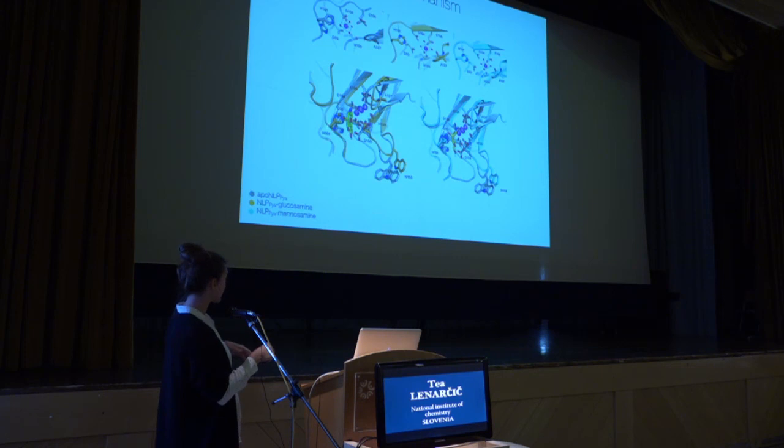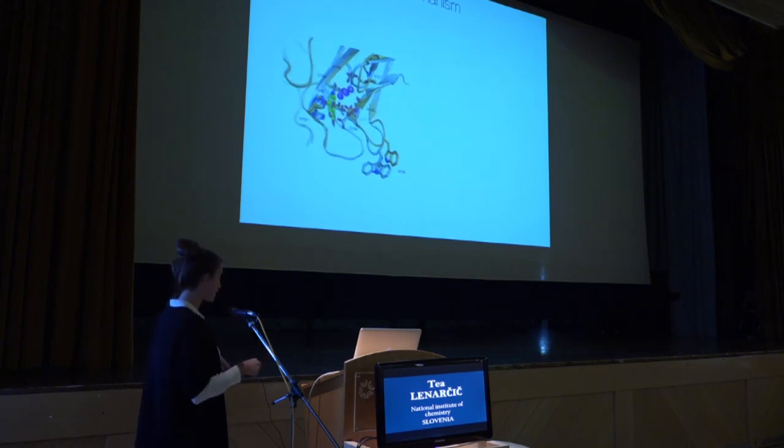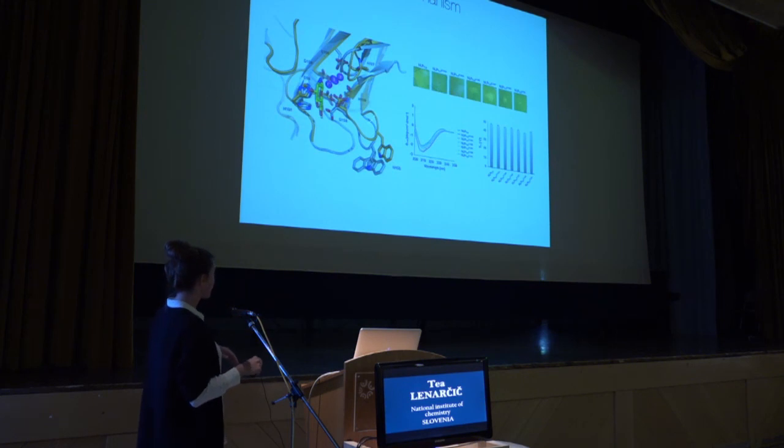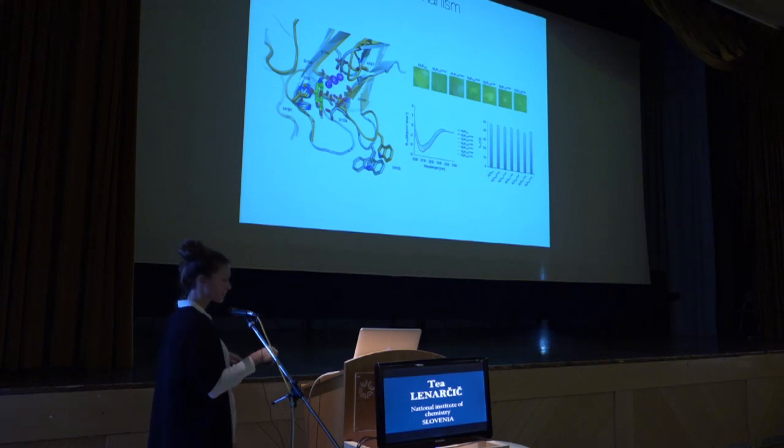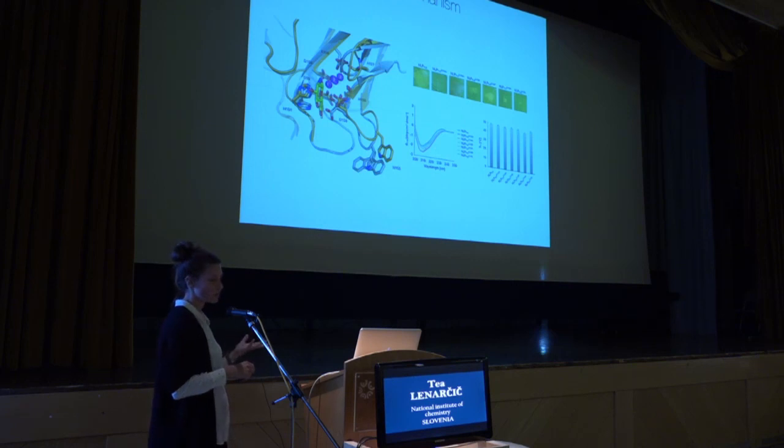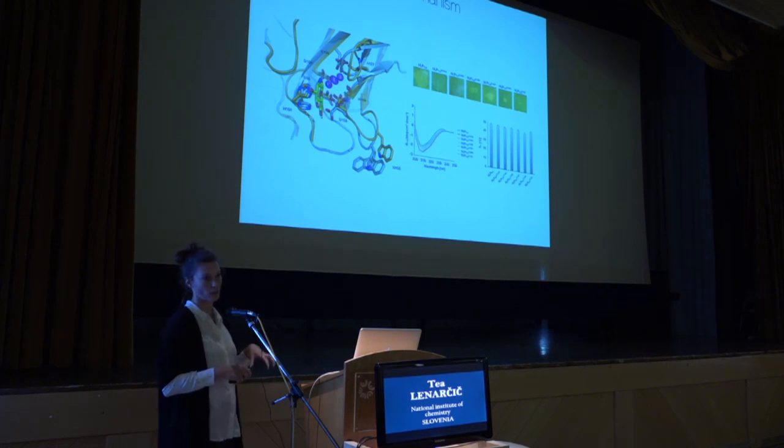Besides this histidine, there is also aspartate 158. We performed point mutation of this binding site, and we also observed this change in conformation of loop L3. We saw here a conveniently placed tryptophan residue, and toxins that interact with membranes usually use tryptophan residues for anchoring.